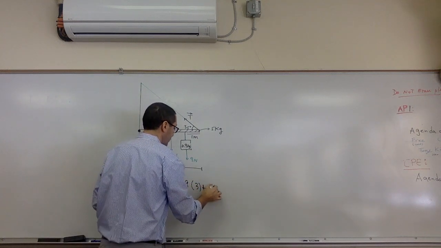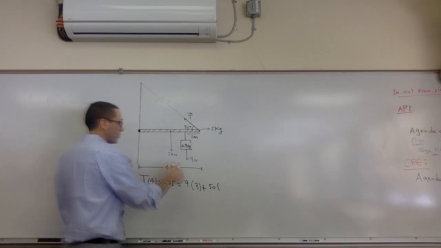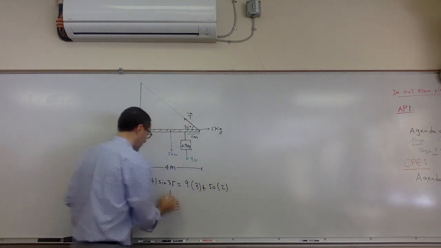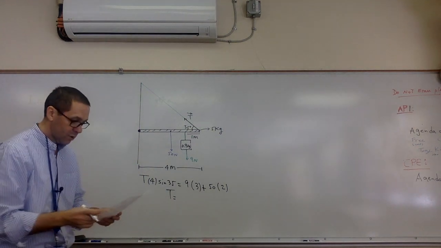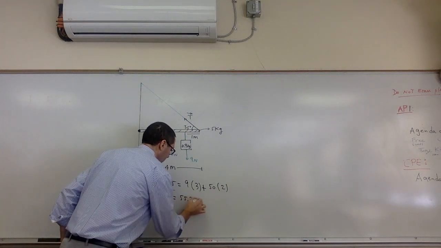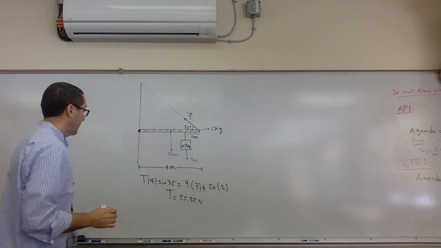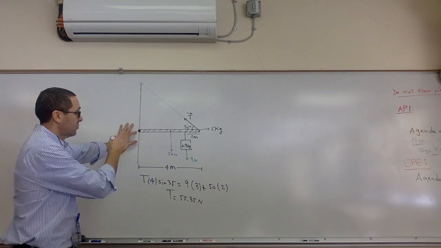So that should be 50 times, well, how far is this point from here? That should be 2 meters. And if we do the math correctly here, I found a tension of 55.35 newtons, right?